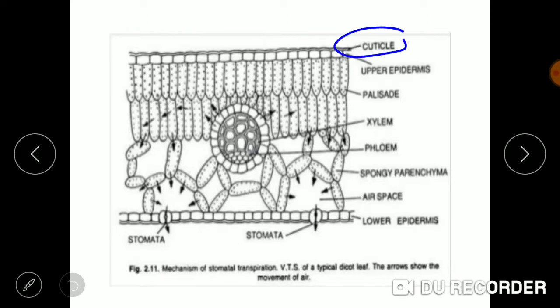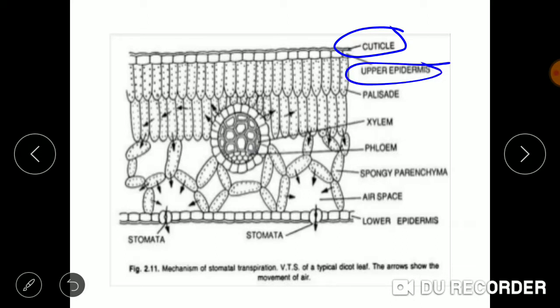Here is the cross section of the dicot leaf, in which the outer waxy covering, the cuticle, is avoiding the process of transpiration. If the cuticle is very thick, then very little transpiration will occur. It is a protective layer, but it also helps in the process of transpiration.